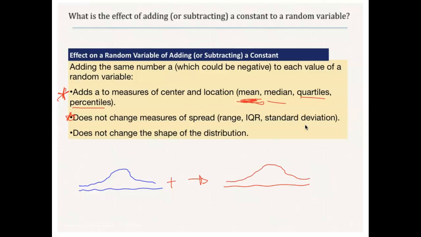And so it is going to move the mean by however much you shifted it. But measures of spread are all relative to the positions of the data with respect to each other. So the range isn't going to change. It's still going to be max minus min. It's still going to give you the same thing. And the standard deviation is not going to change either, right?